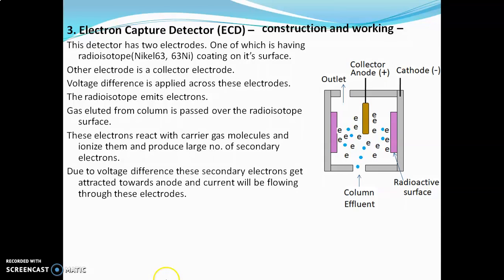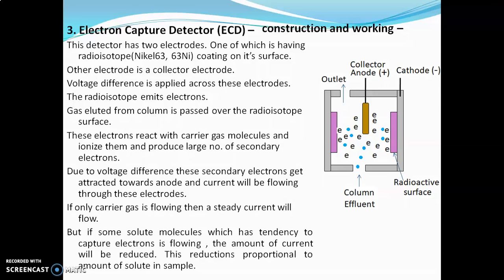Due to the voltage difference, these secondary electrons get attracted towards the anode and current will be flowing through these two electrodes. If only carrier gas is flowing, then a steady current will be produced. But if there are solute molecules which have a tendency to capture electrons, the amount of current will be reduced. This reduction of current is proportional to the amount of solute present in the sample.